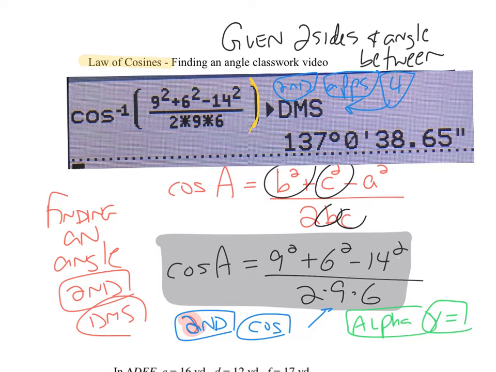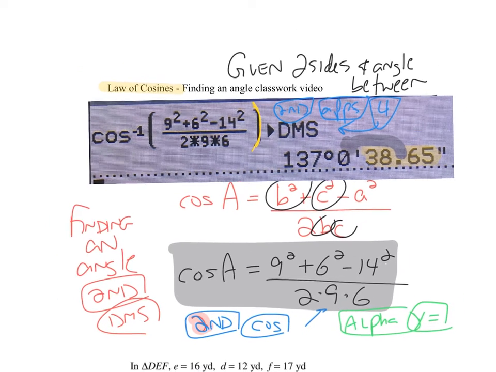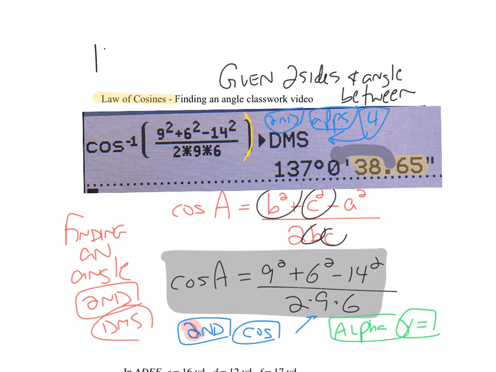We always look at the seconds, and if it's 30 or more, we round up. So here our final answer is going to be 137 degrees and 1 minute. So that's how we use the law of cosines to find an angle. If you're given all three sides, that's how we use the law of cosines to solve.